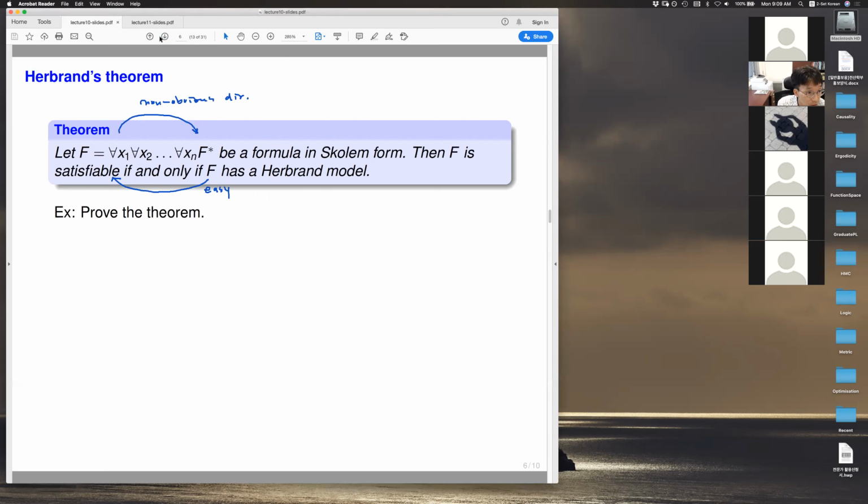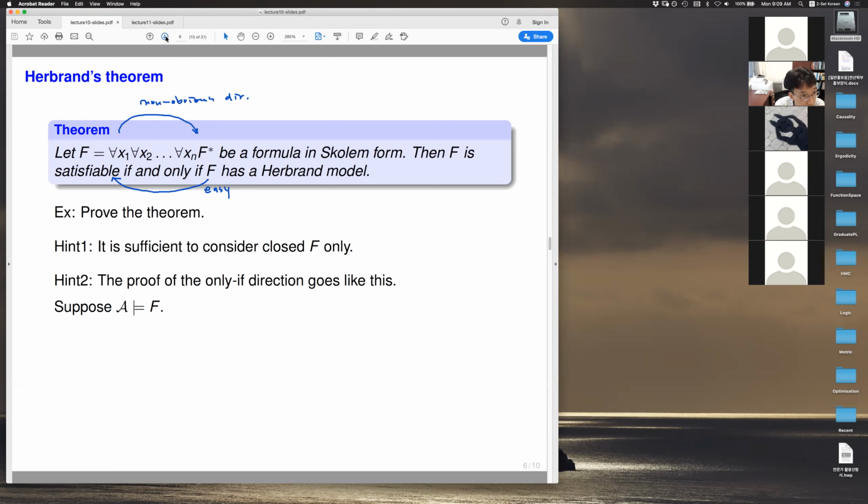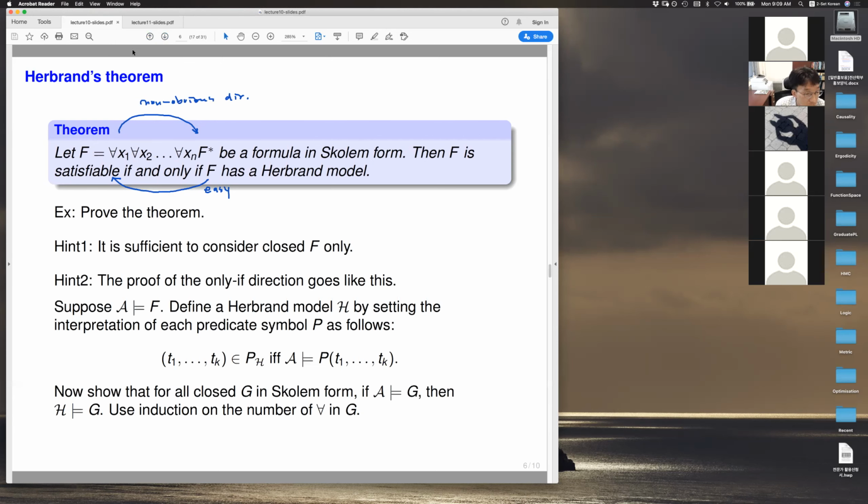That's actually an exercise I want you to do, but here is a bunch of hints for the exercise. The first hint is that one complication is that the formula f may contain free variables, so not all the variables in f may be bound by universal quantification.